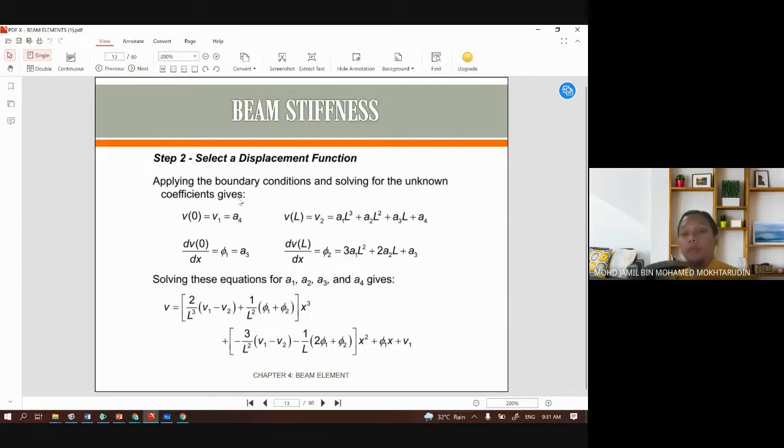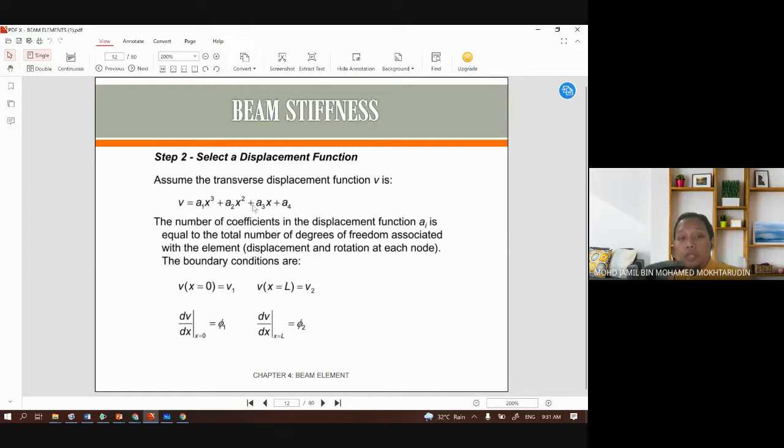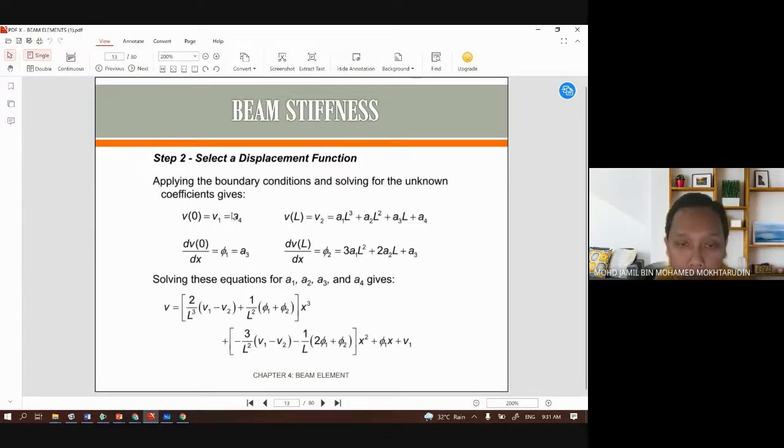Then we apply the boundary conditions into the displacement function. At x equals 0, v equals v1. So v(0) equals v1 equals a4, and we find our a4.